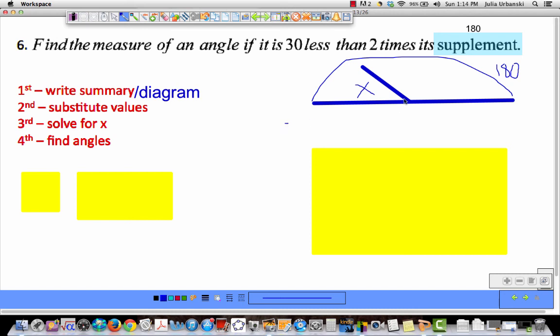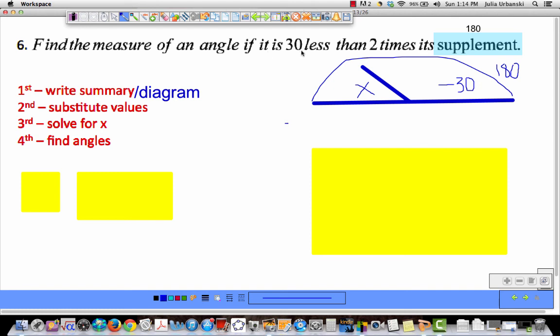Second thing you have to do is come up with the second part of the equation based upon the information. If an angle is 30 less than, 30 less means you're taking away. So put minus 30. And what are we taking 30 away from?